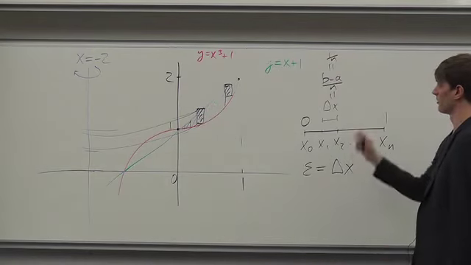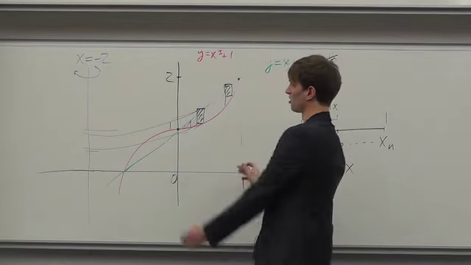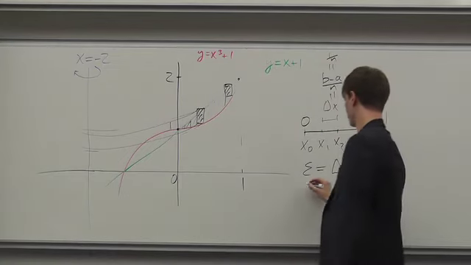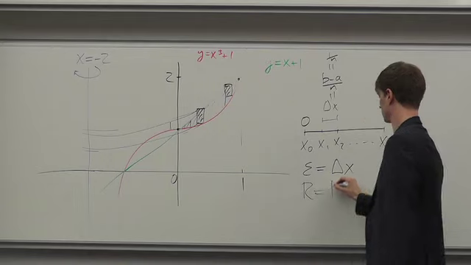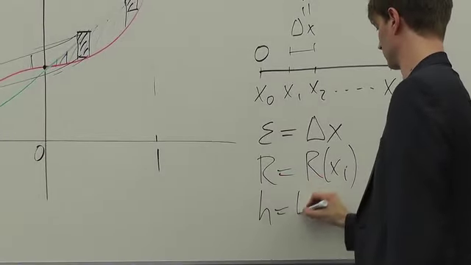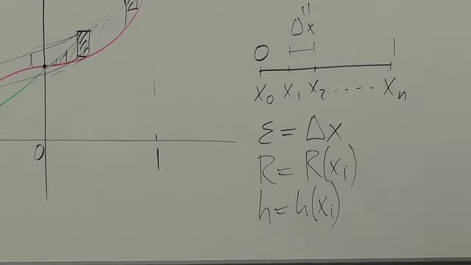So the height and the radius both just depend on where we are in this interval 0, 1. They both depend on xi. So the radius is a function of xi, and the height is also a function of xi.